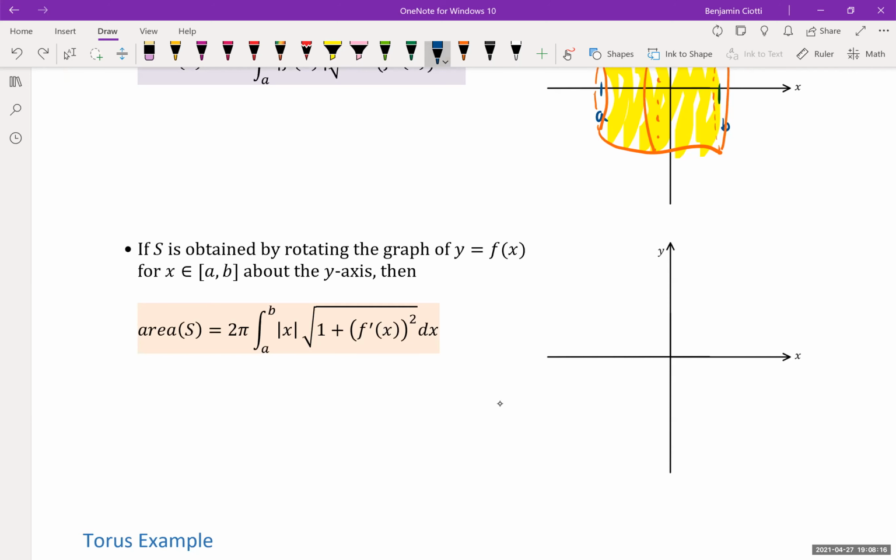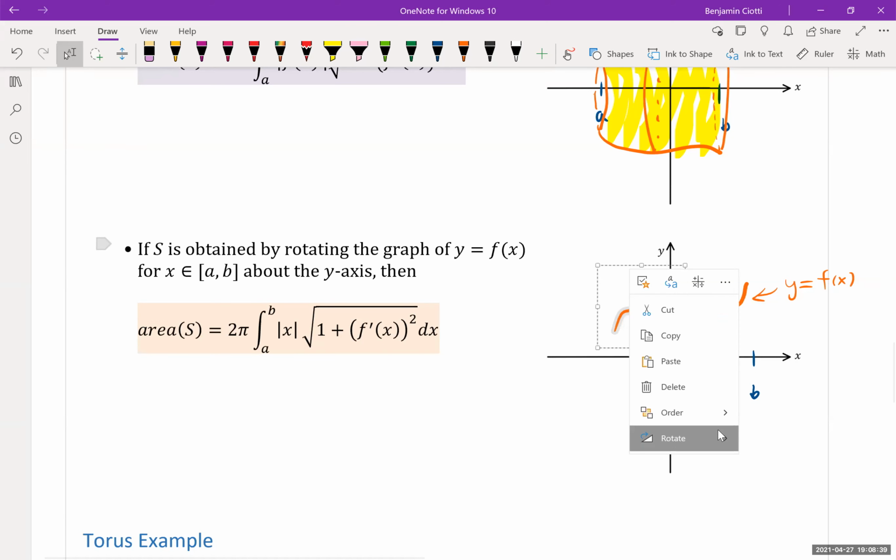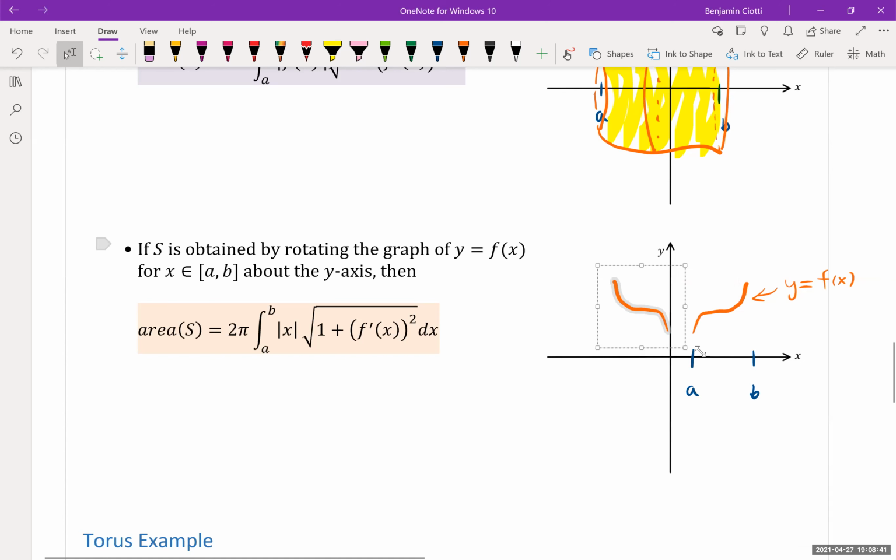So again, let's suppose that we have some graph where y is some function of x. This is just a one variable function again. And again, I'm going to make a surface of revolution, but this time I'm going to revolve it around the y-axis.